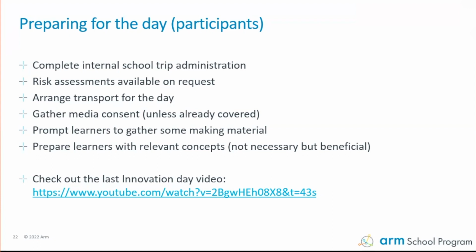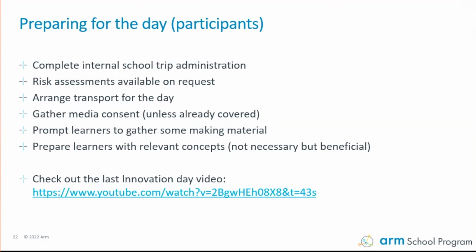So get them to plan well in advance who's going to be organising this, who's going to be filling the forms in, who's paying for what, and that sort of stuff. And again, making sure that you have access to risk assessments and somebody that is competent and has an idea about risk assessments to fill this sort of stuff in, if that's required in your jurisdiction, of course. And again, as I mentioned before, gathering media consent and that sort of stuff. And also, if you want them to bring additional material, prompt the teachers to do that, because this all takes additional time and thinking about as well.